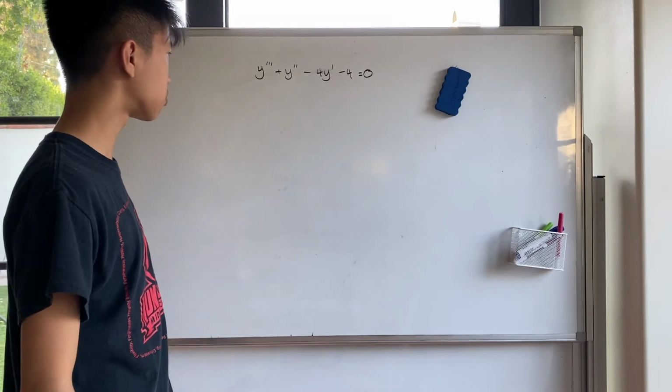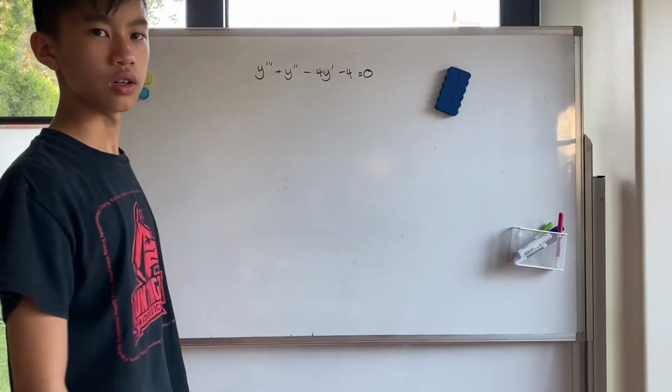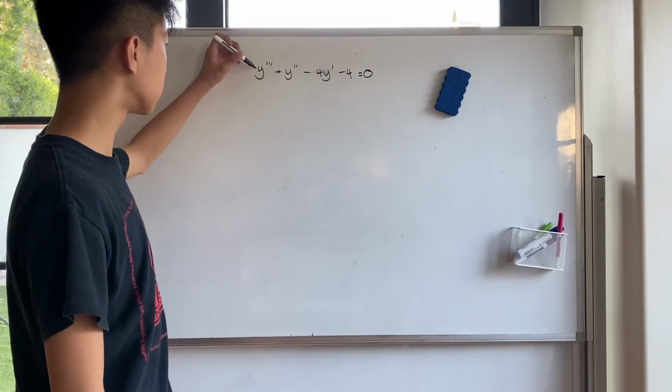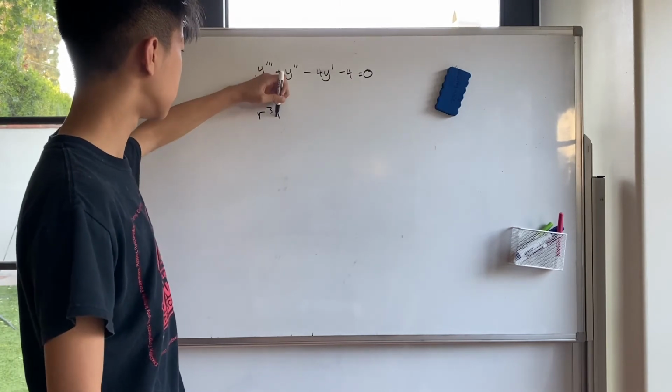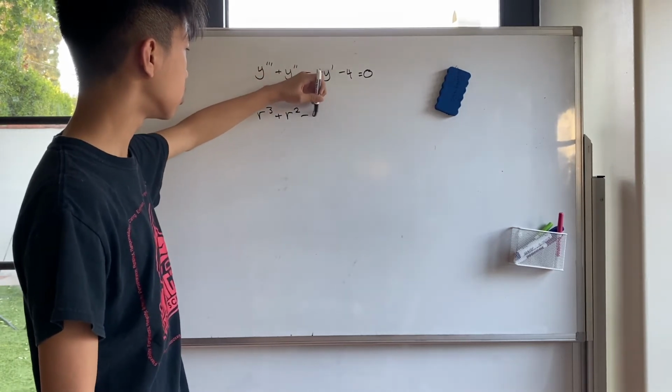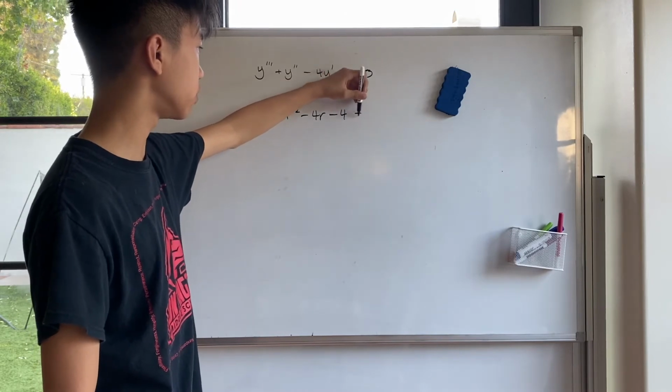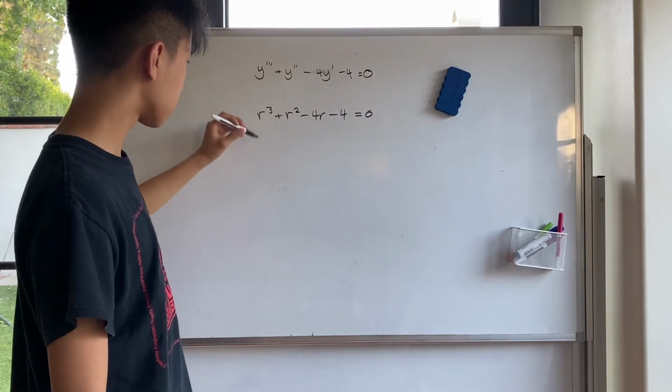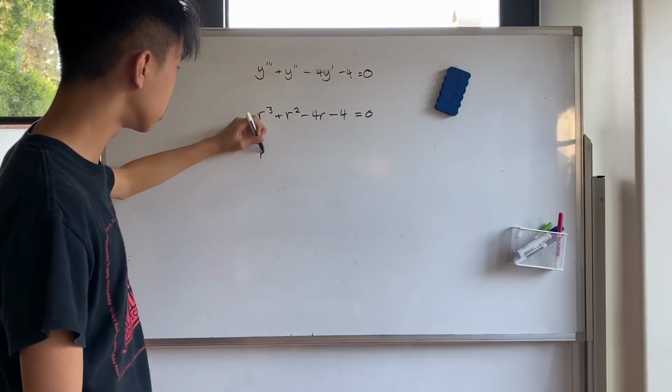Okay, let's try out this problem. First of all, we can convert this into a characteristic equation, and by now I'm assuming you can do this with relative ease. And then, after you find the characteristic equation, you can factor.